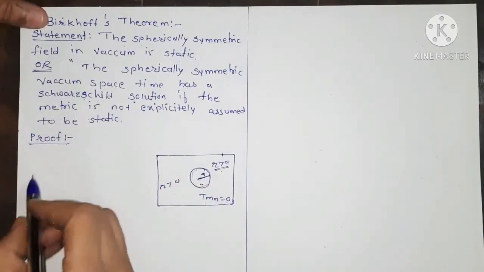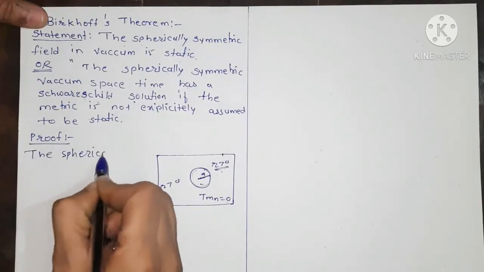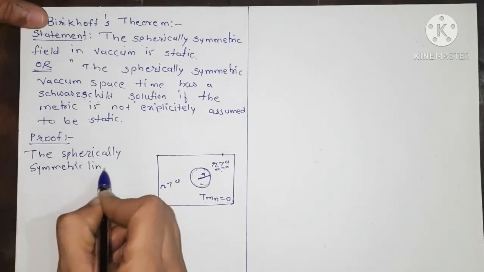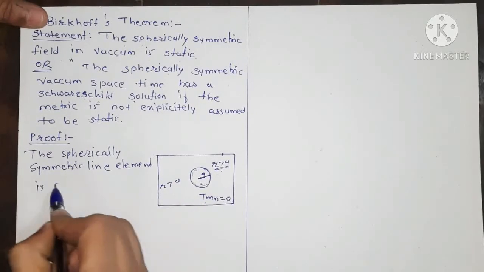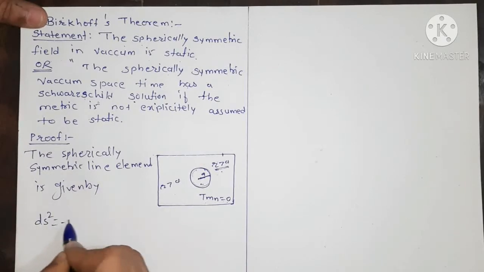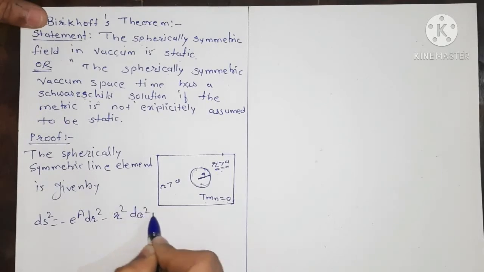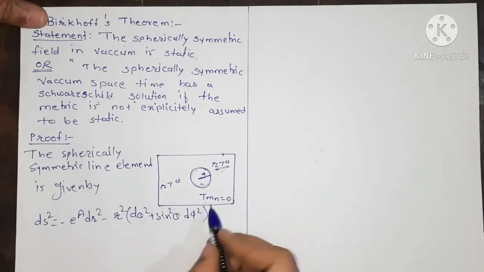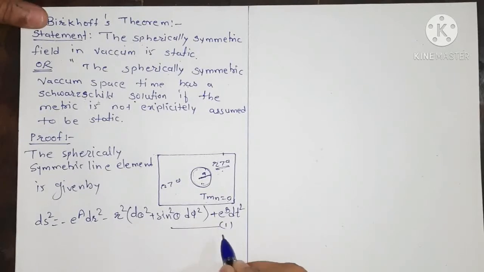The spherically symmetric line element is given by ds² = -e^a dr² - r²(dθ² + sin²θ dφ²) + e^b dt². We give this as equation number 1.